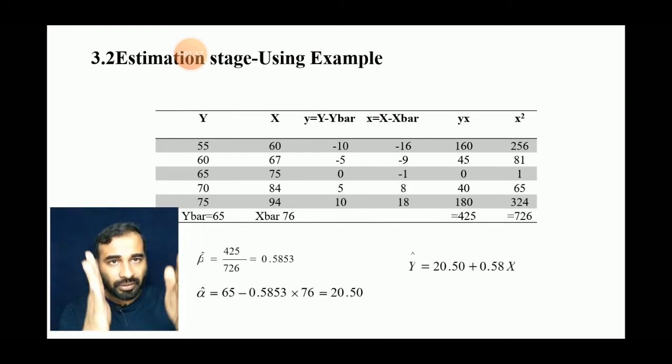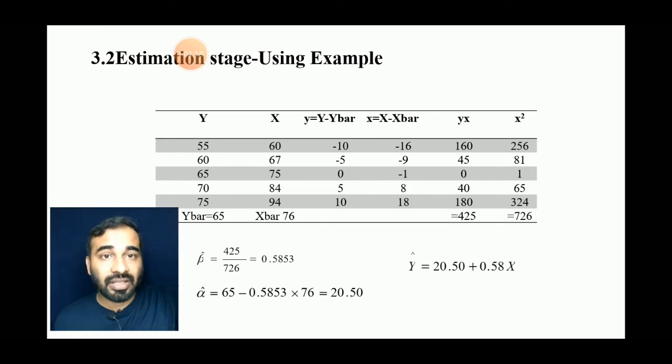So y, x, we have consumption data, we have income data. Only 5 households are there. The first step is to find the average consumption and average income. So you can see in the slide, y bar is equal to 65, x bar is equal to 76.